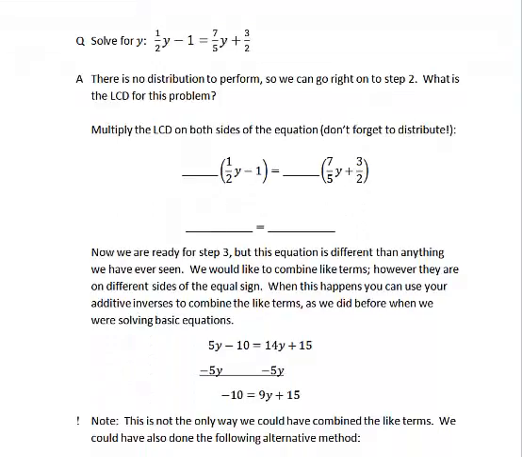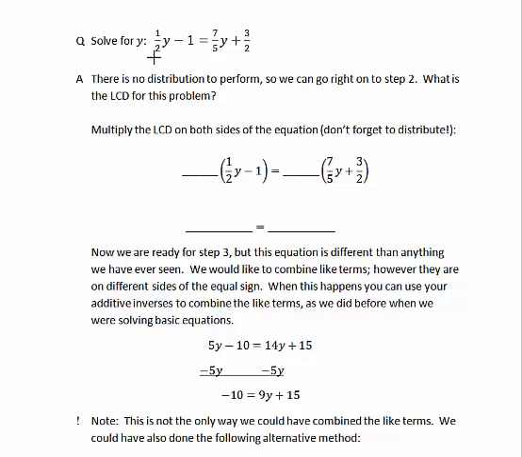Here we have an equation with no parentheses, so we skip step 1 and we go to step 2, which says that we want to get rid of all of the fractions. And notice that the 1 doesn't have a denominator written, but we would still multiply this 1 by whatever number we come up with for the lowest common denominator.